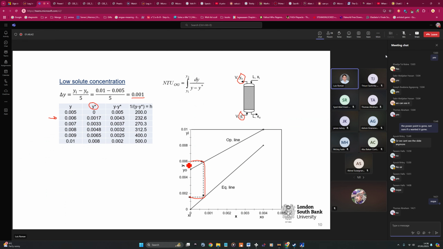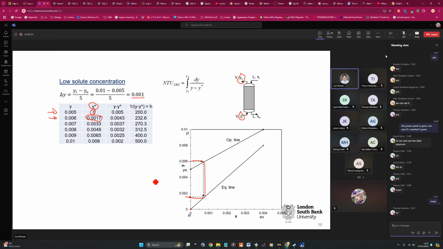So for y equal to 0.006, the y at equilibrium, using your nice graph paper, will be something around 0.0017. This value. For y equal to 0.005, this is one point on the operating line, then you just read the corresponding value in the equilibrium line, which is 0.